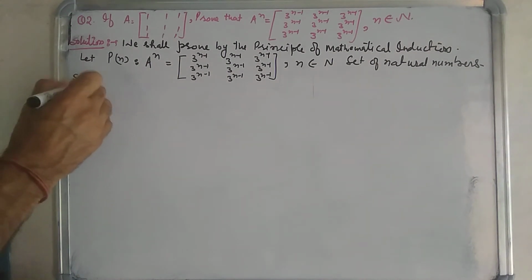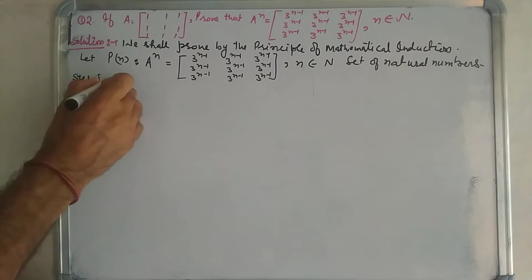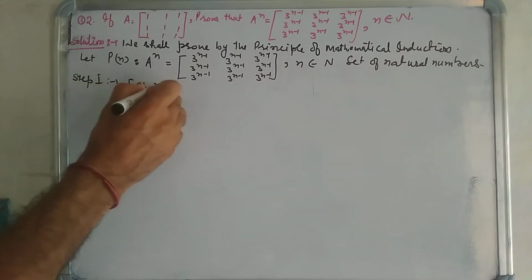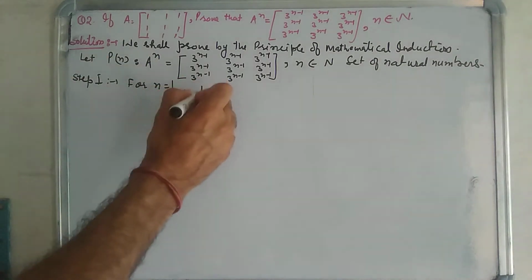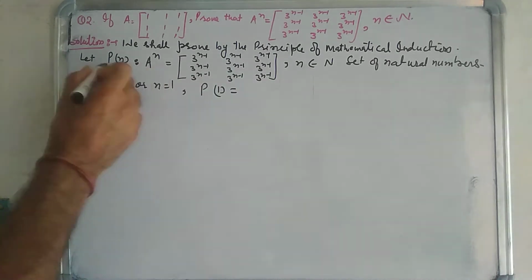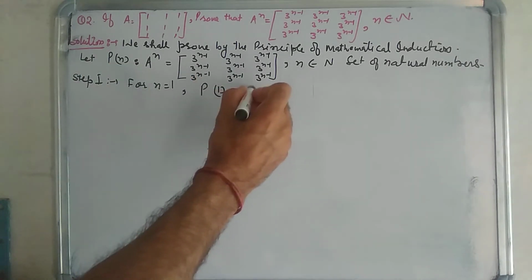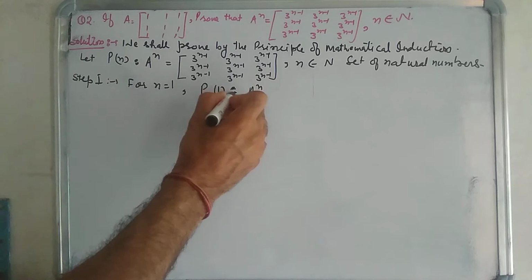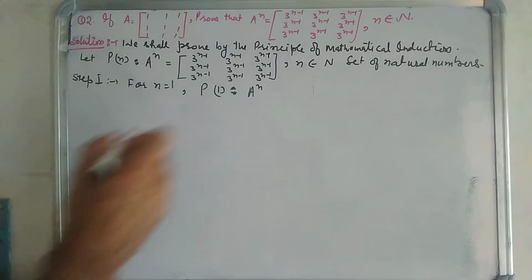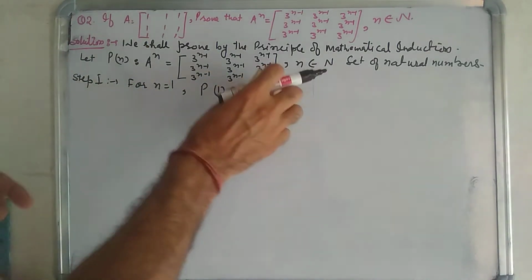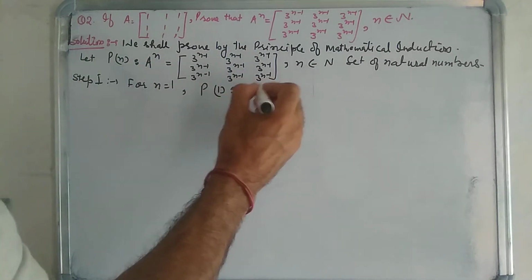Step number 1. For n is equal to 1, the P1 statement is such that we put n is equal to 1 here.